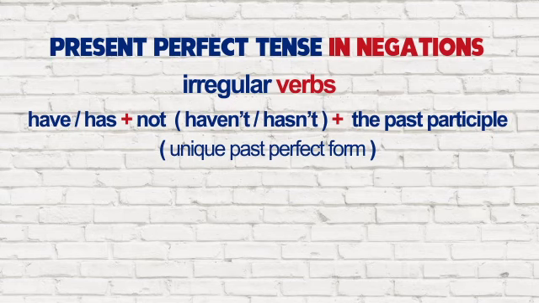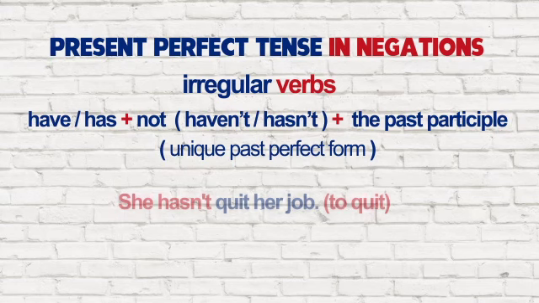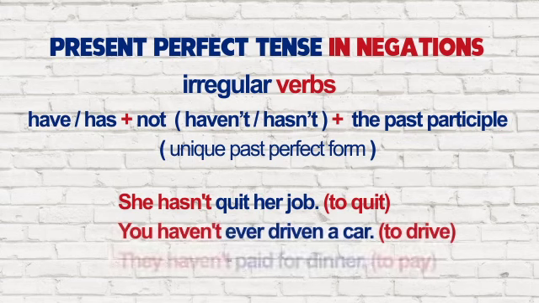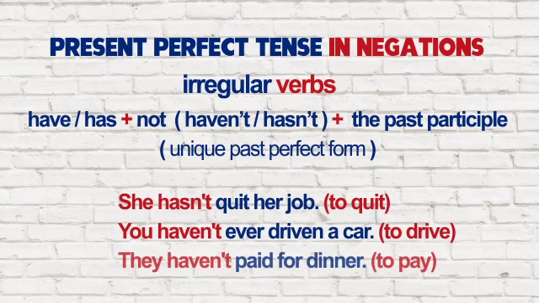For example, she hasn't quit her job. The infinitive form is to quit. You haven't ever driven a car. The infinitive form is to drive. They haven't paid for dinner. The infinitive form of the verb is to pay.